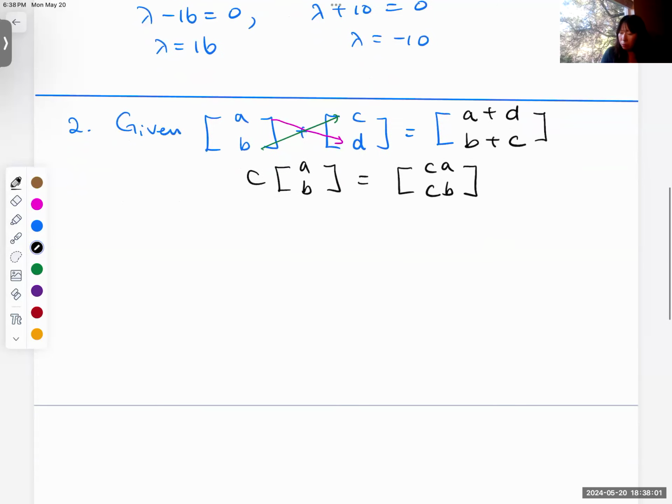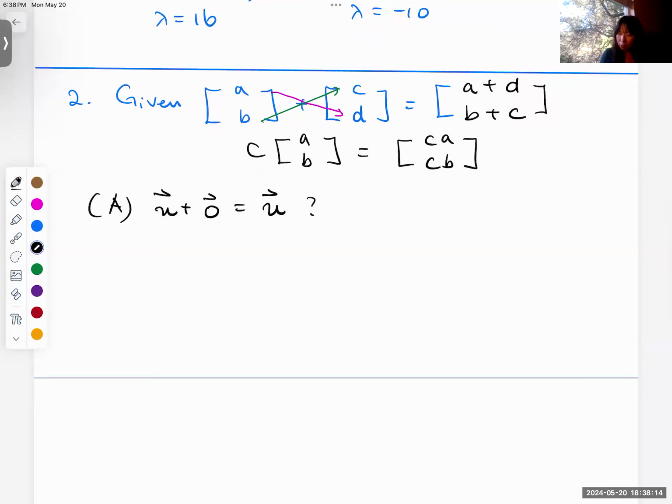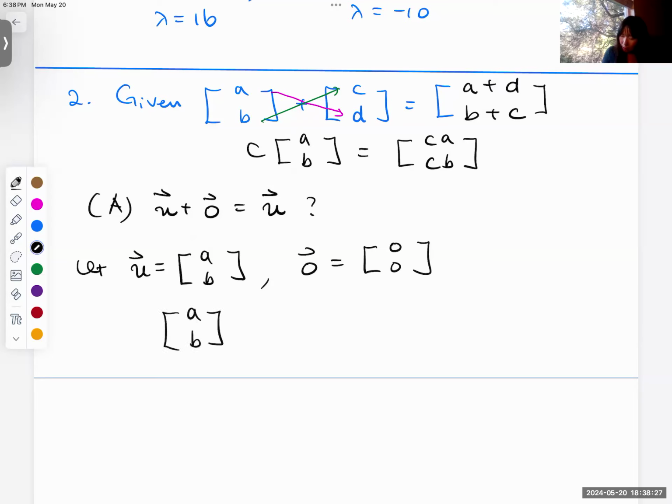Okay, now the question said that the first one is whether vector U, 0 is in U. Okay, let's find out. Let U equal to (A, B) and 0 equal to (0, 0). Then let's add them.